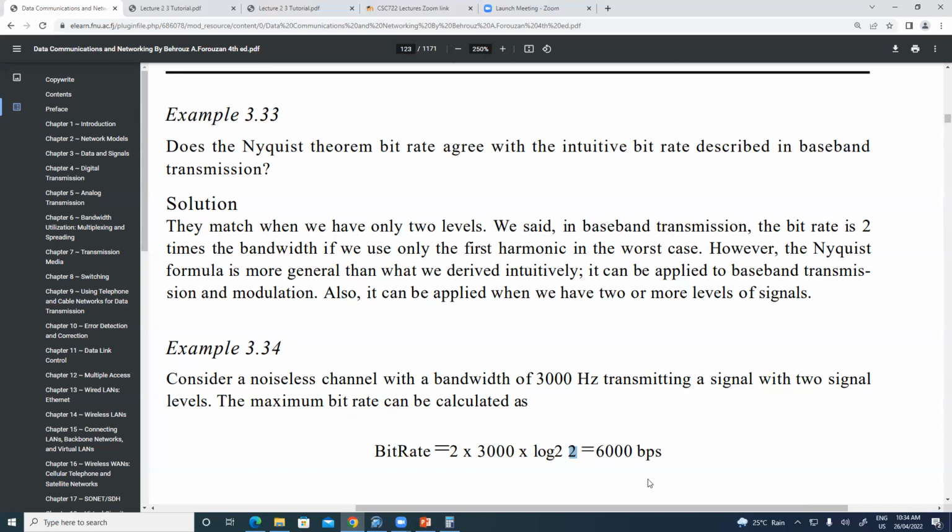That gives you 1. That's correct. 6000 times 1.